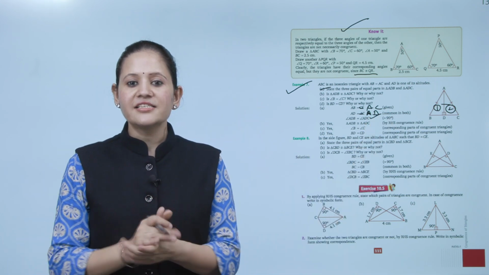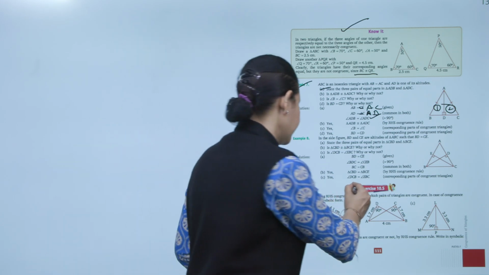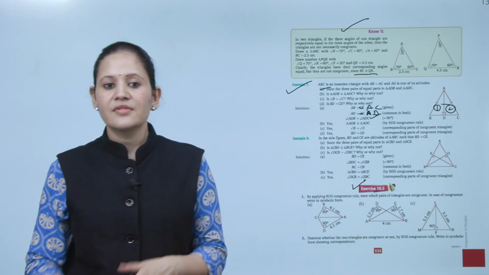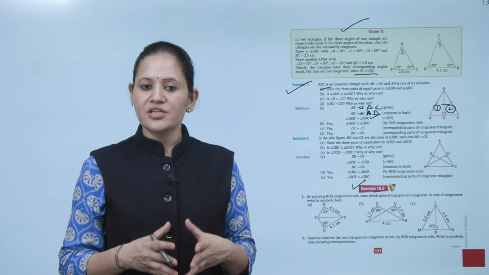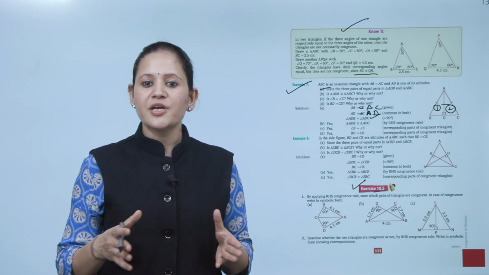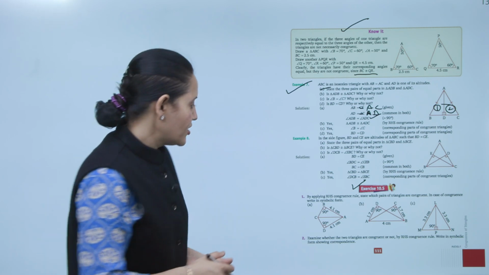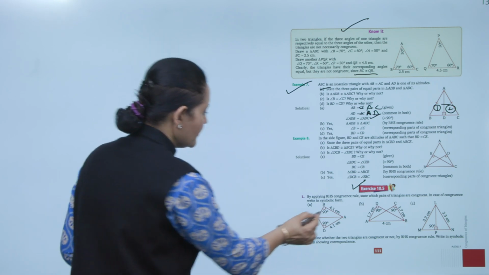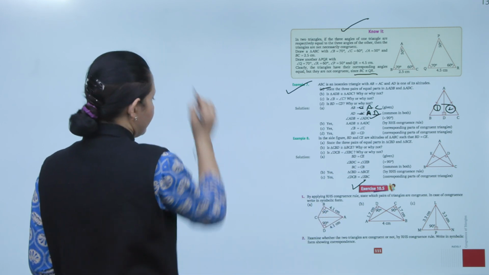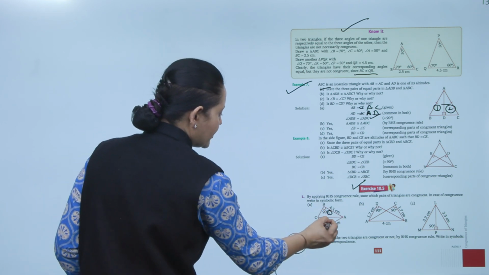Next is exercise 10.5. By applying the RHS congruence rule, state which pair of triangles are congruent. In case of congruence, write in symbolic form. So here we take these two triangles, 1 and 2.